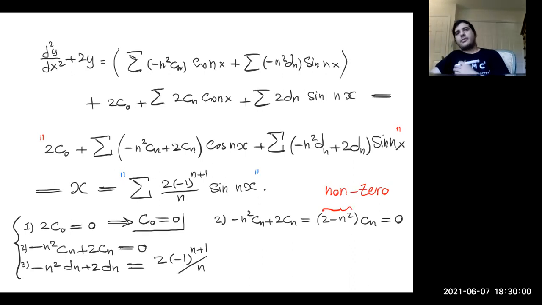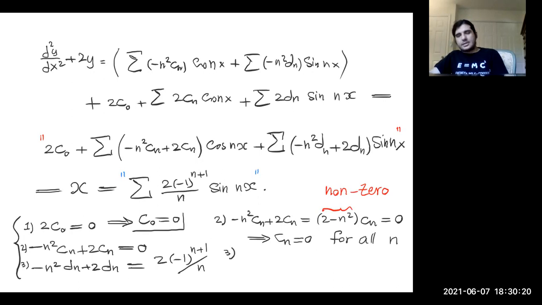Therefore, what we have here is non-zero. So we can divide both sides by 2 minus n squared. Therefore, Cn is equal to 0 for all n, right? So all the terms Cn are equal to 0.